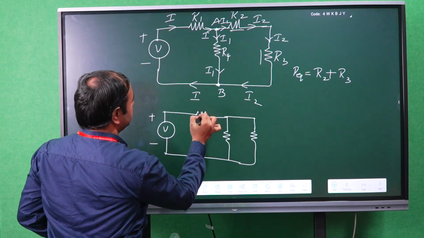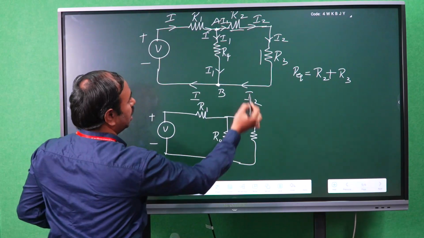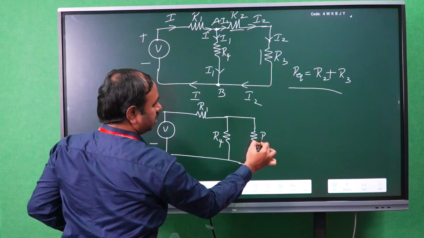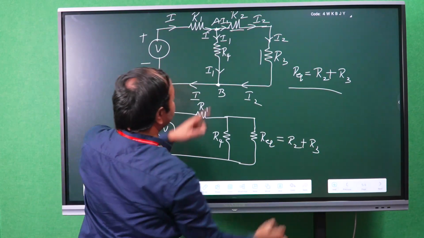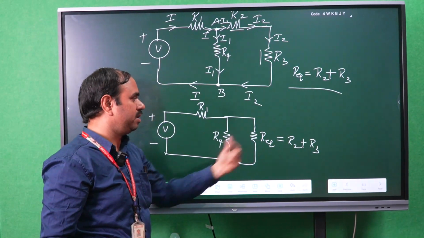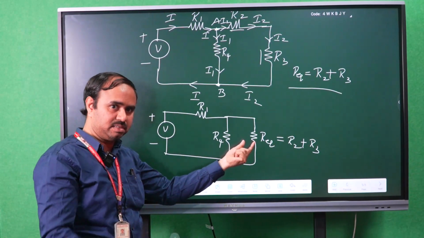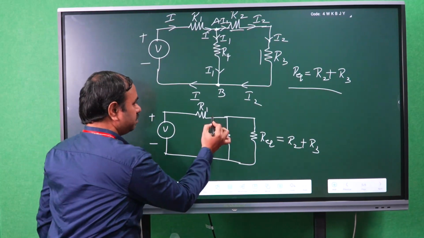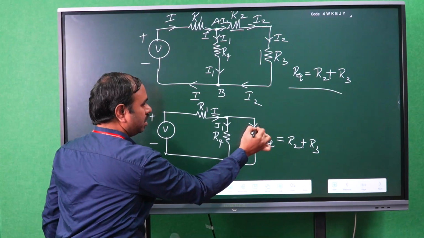This is initially R1 resistance and this is R4 resistance, and the combination of R2 and R3, that is R equivalent. Here the R equivalent is R2 plus R3. So instead of two resistances, I am writing only one resistance by adding those two. Now see here the current I is dividing into I1 and I2.